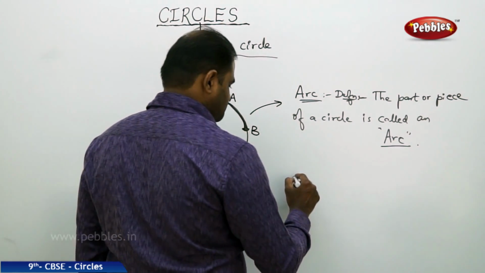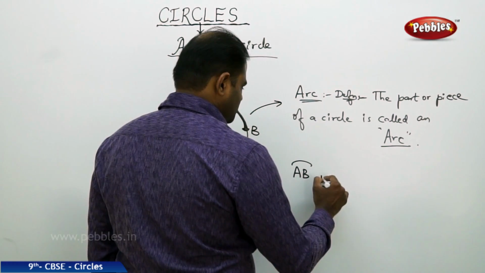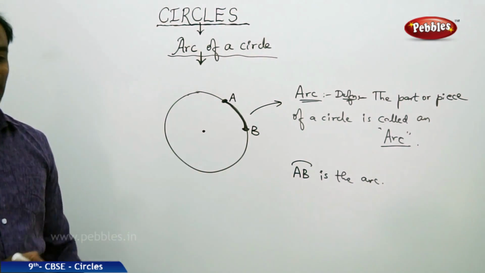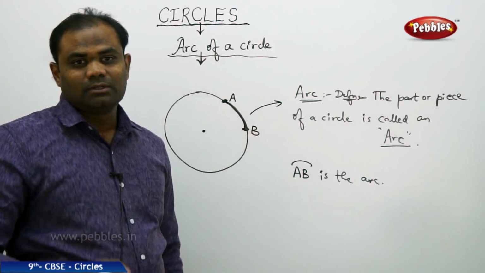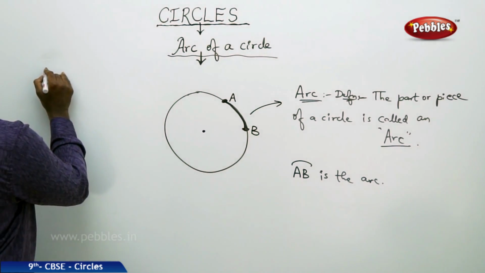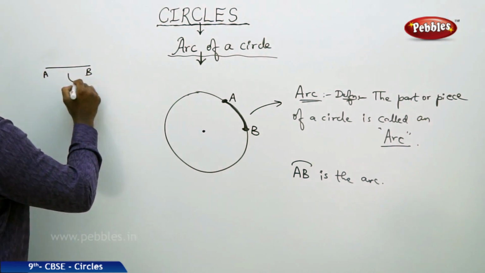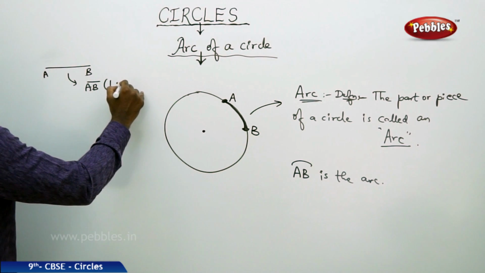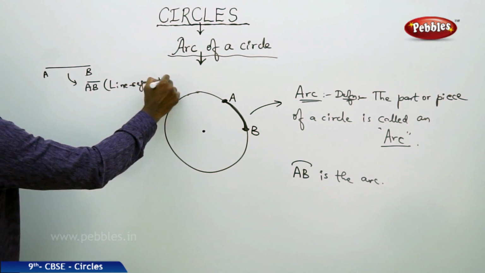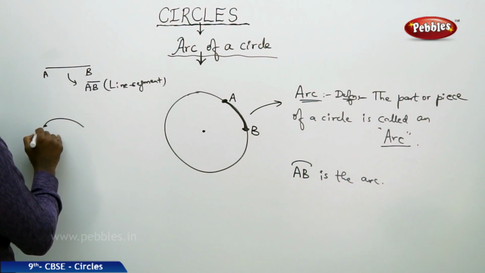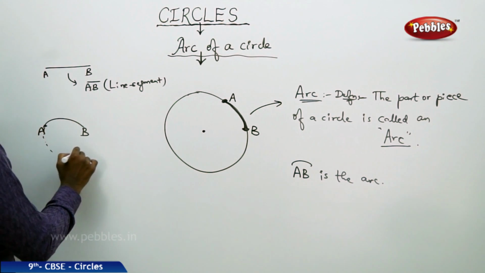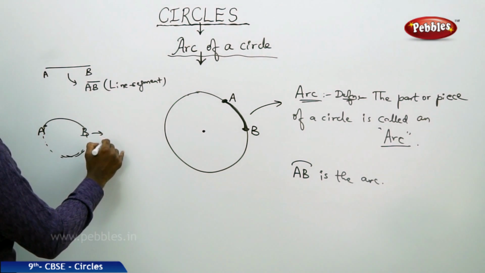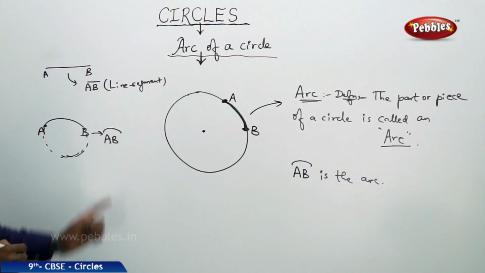So in this case, AB is the arc. Note that for an arc, I use the curve symbol, because a line segment AB is denoted by AB, which is called the line segment, and a curve drawn from A and B on the circle is denoted by AB with a curve on top, which is called an arc.